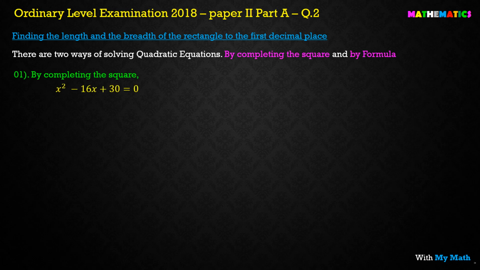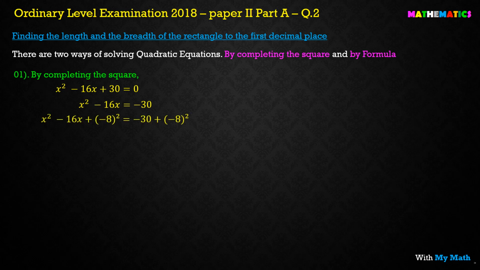Here, this is the equation we have, and as the first step, if there is any constant here, we have to put it on the other side. There was plus 30, it becomes minus 30.